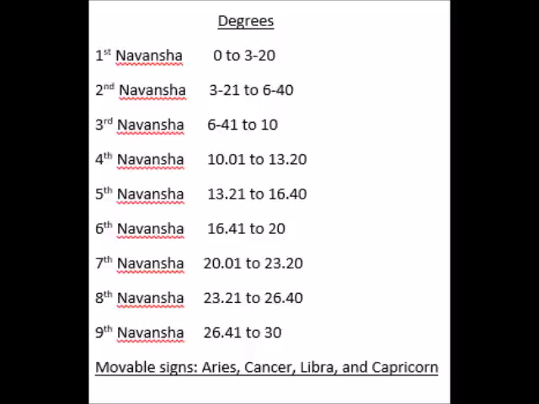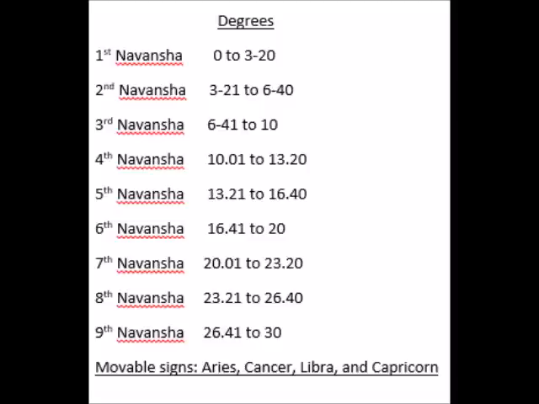So Gemini is 6. Since we have to go to the 6th Navansha from Capricorn for the planet Saturn, we will take Saturn and place it exactly in the zodiac sign of Gemini in the Navansha chart.